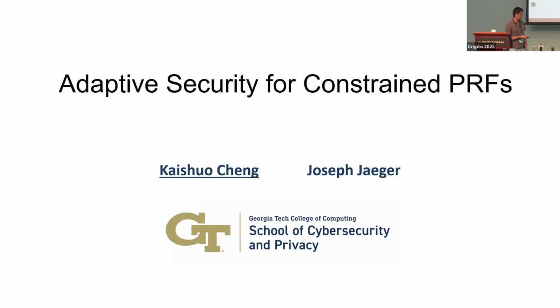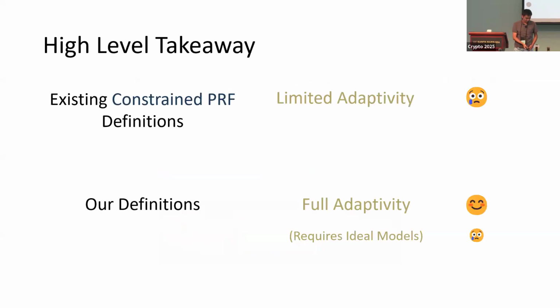Hello, thanks for the intro. I'm going to talk about our paper on adaptive security for the constrained PRF. In this paper, we consider a very special kind of PRF called constrained PRF. It was introduced in 2013 and has had a lot of applications.